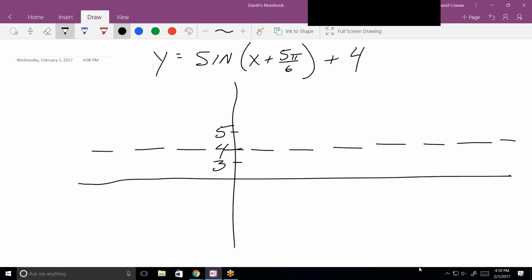Okay, where's my starting spot? Your starting spot is going to be negative 5 pi over 6. Okay, we'll call that right there. Where's my ending spot? 12 pi over 6. 7 pi over 6.